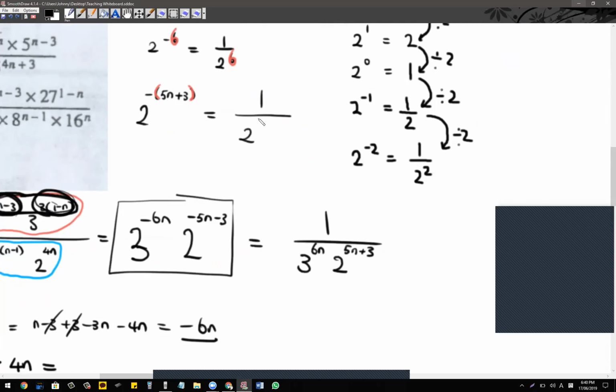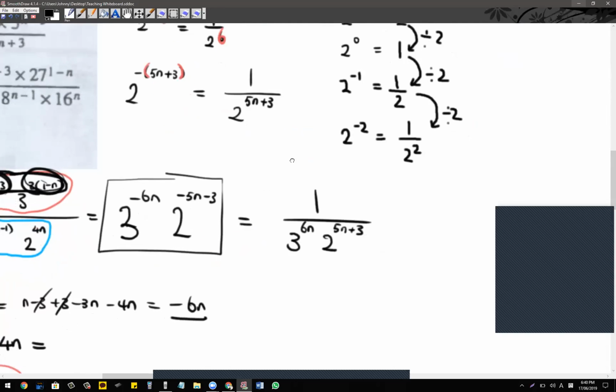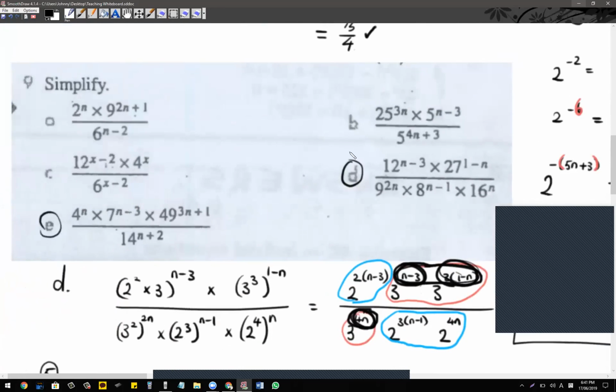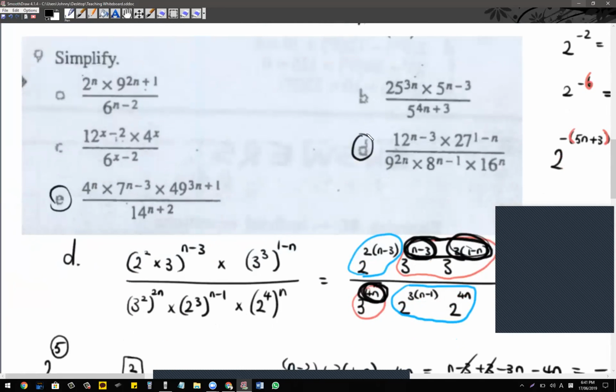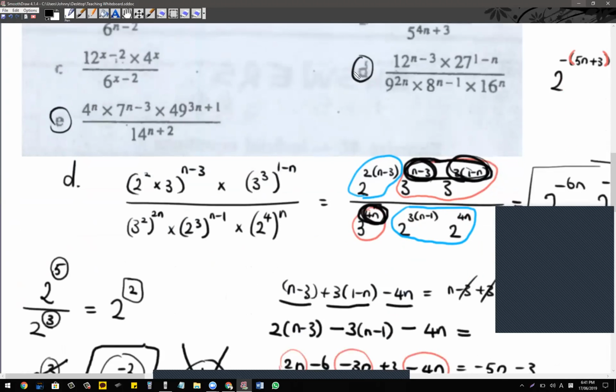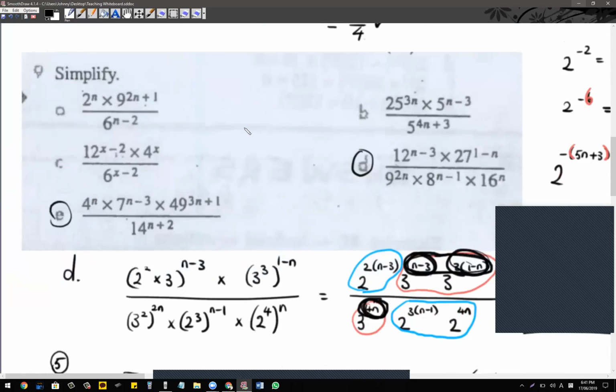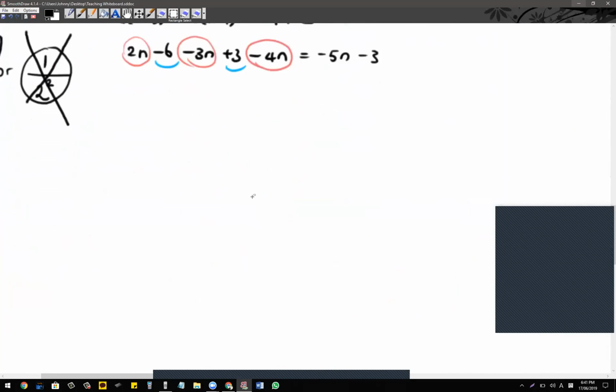So that's 5n plus 3. Okay. Anyway, we just did D there. We can try E as well. We can try E together.